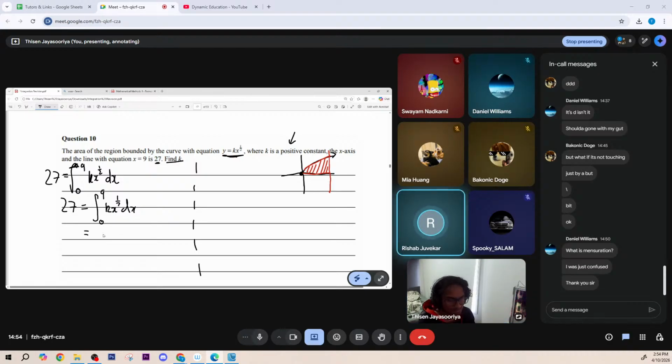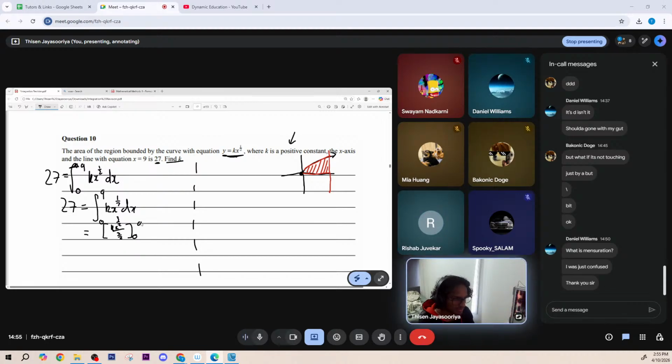Is it kx to the power of 3 over 2, over 3 over 2? 3 over 2, yeah. From 0 to 9, which means this integral is going to be equal to 27, 2kx to the 3 over 2 over 3, from 9 to 0.